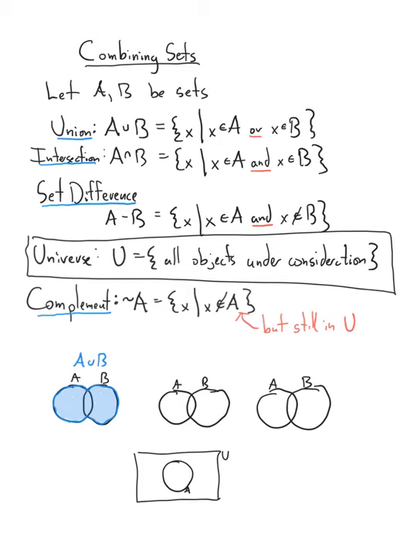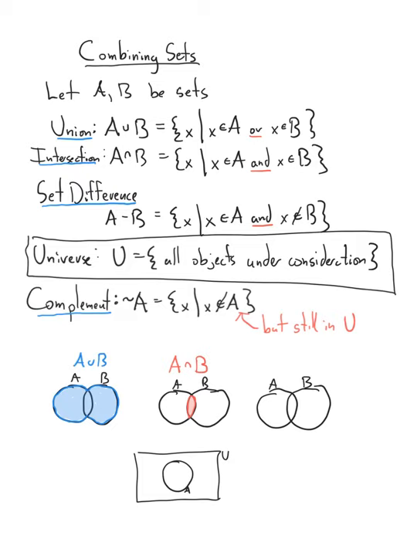We're doing A and B, so the intersection, A intersect B. So the area that's in both is this stuff in the middle here. So that is the intersection. So it needs to be in both A and B.